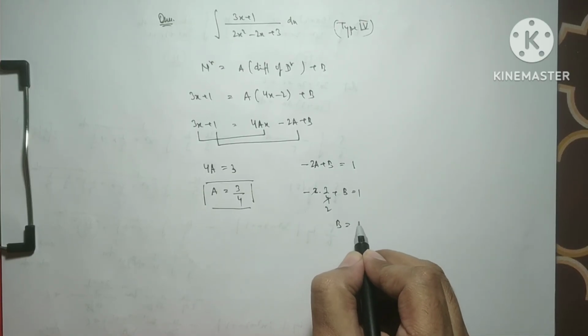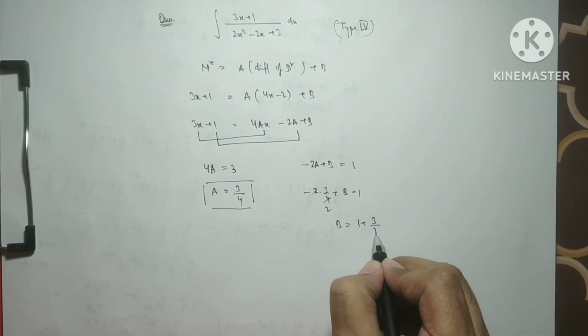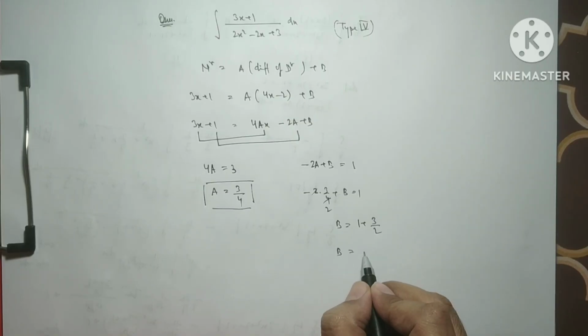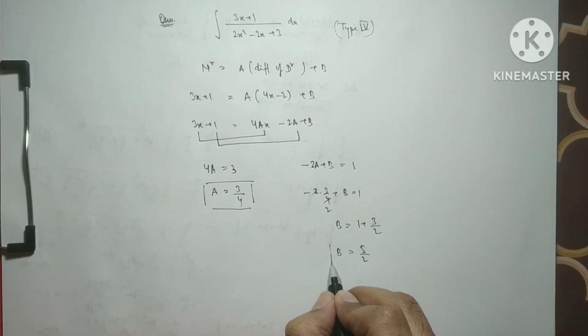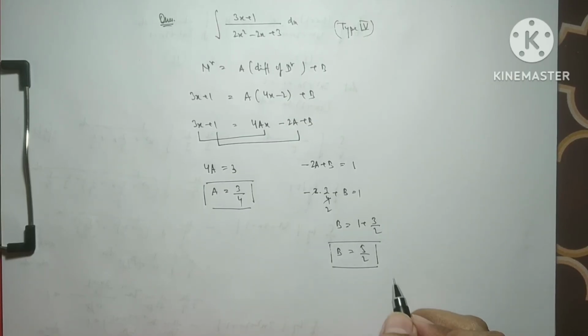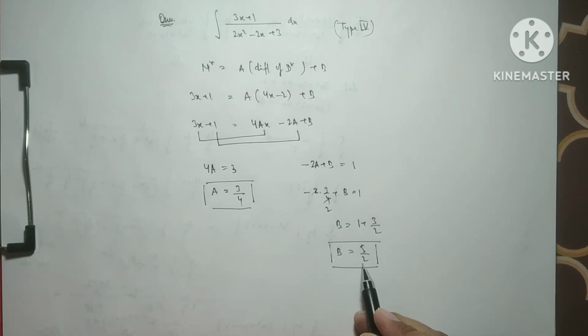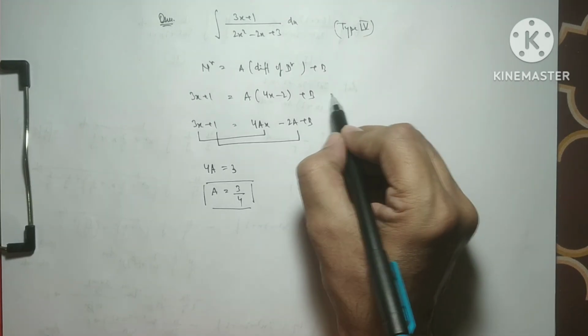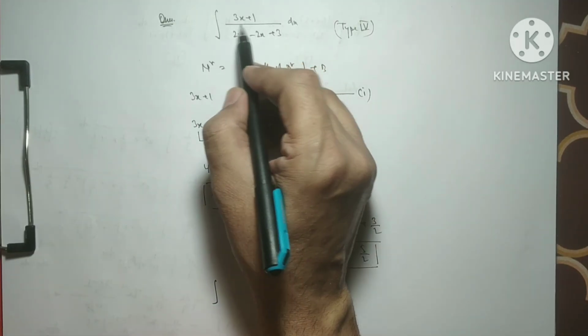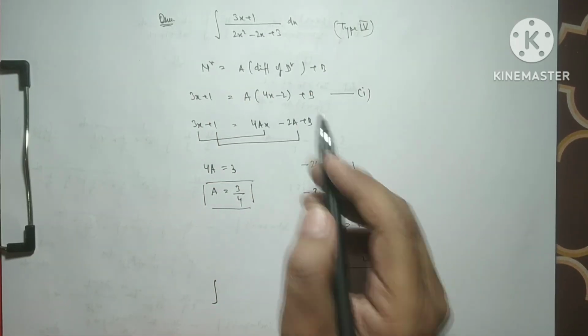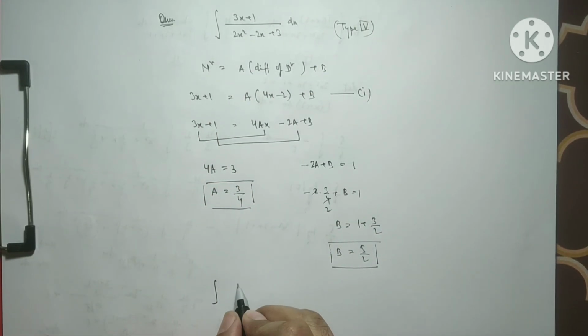So b is 1 plus 3 by 2. B is 5 by 2. Now we have the values of both constants. We replace 3x plus 1 with these values.